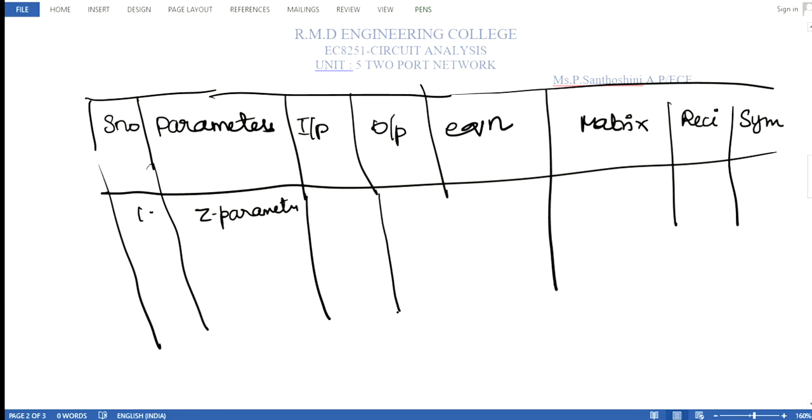Let us see the overview of each parameter. Z parameter means the inputs are I1, I2, so definitely the outputs will be V1, V2. V1 will be equal to Z11 I1 plus Z12 I2, followed by V2.